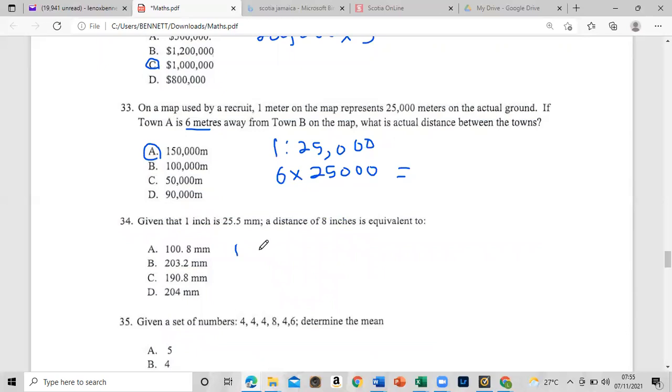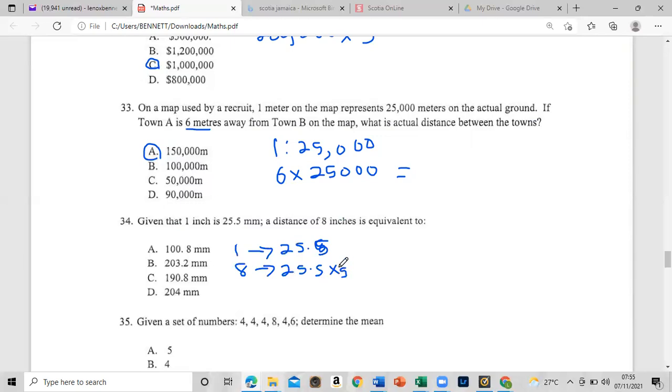Given that 1 inch is 25.5 millimeters, a distance of 8 inches is equivalent to what? So 1 inch is 25.5, so the 8 I'm going to write as it is. It means the 8 you got times 25.5, right? These are pretty straightforward things. For every 1 inch, you're going to get 25.5, so times that by 8. Which one of them ends with 0?